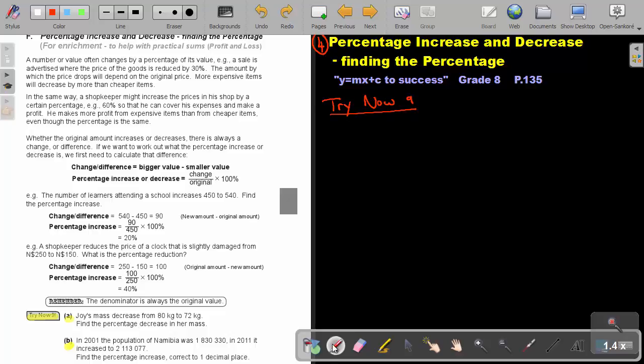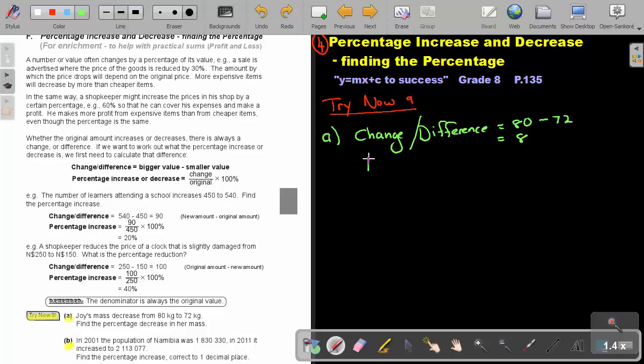Okay, let's start with number A. Joy's mass decreased from 80 to 72. Find the percentage decrease. Okay, so first we're going to find the change, or we can call it the difference. And that's just the big one minus the small one. So that's a difference of 8.